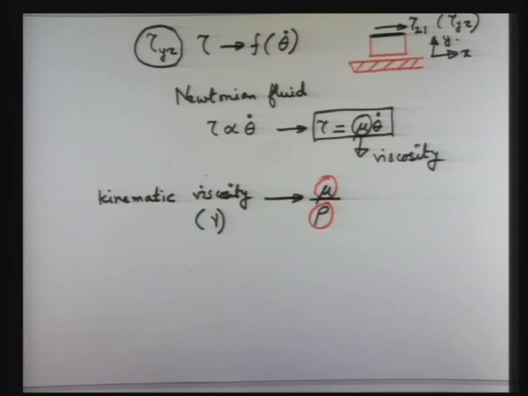That is what is known as kinematic viscosity. The final remarks on viscosity: what are the parameters on which the viscosity depends? There are several parameters on which it could depend, but to understand that, let us briefly discuss the origin of viscosity.